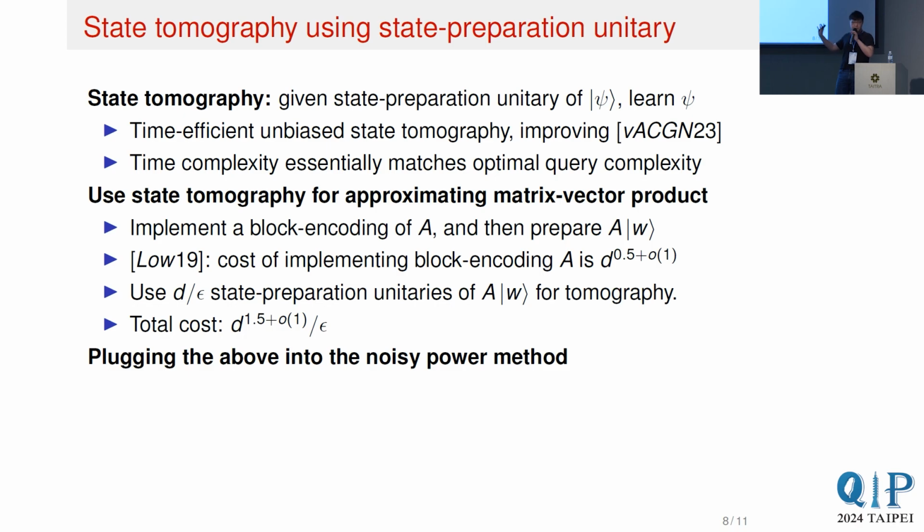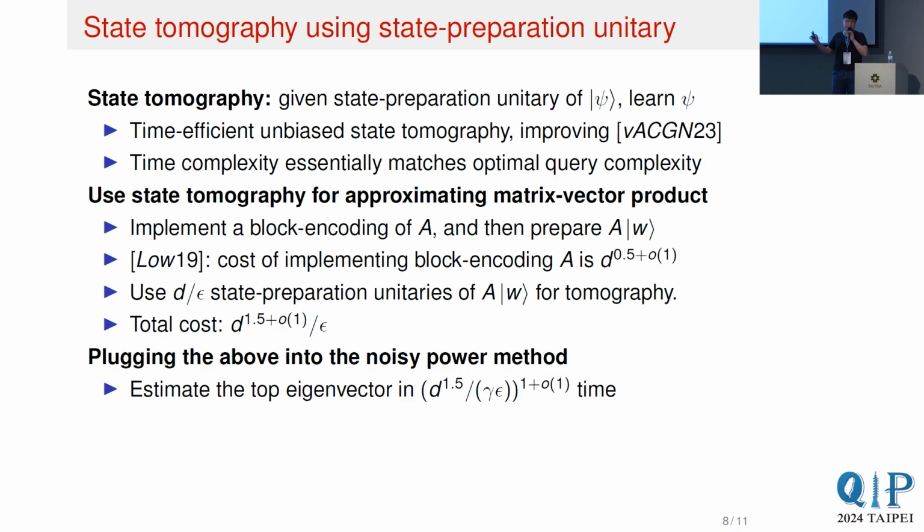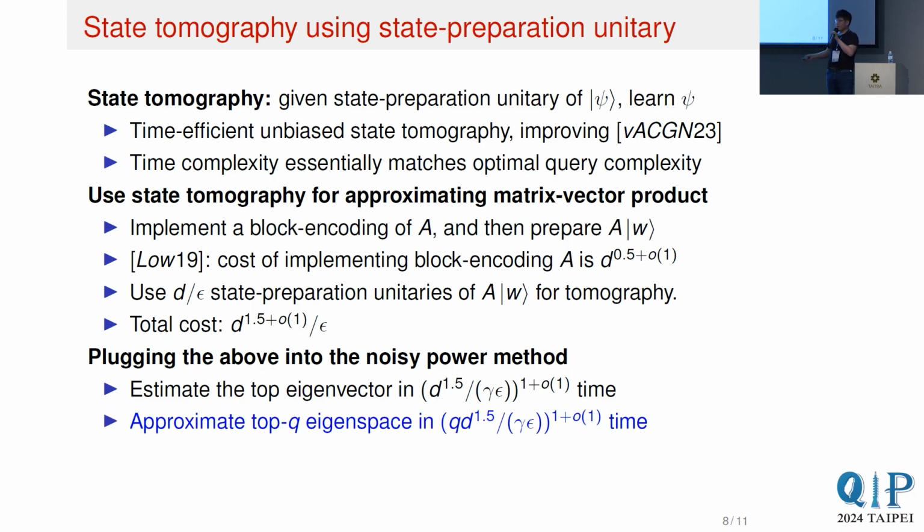Now, let's put it back into the noisy power method as well as some QSVT tricks. We immediately have a D to the 1.5 over gamma epsilon time quantum algorithm for estimating the top eigenvector. And we further generalize this result to approximate the top Q eigenspace using only roughly Q extra overhead.